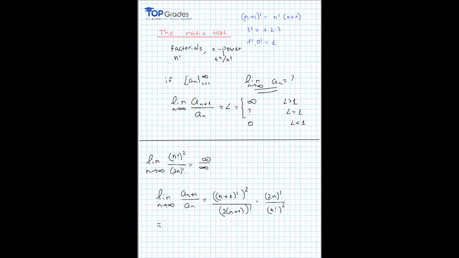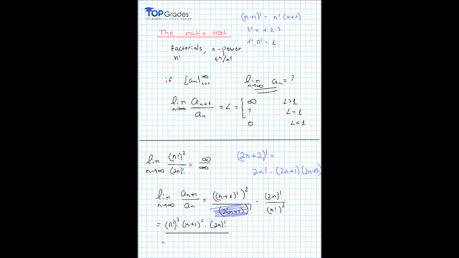And now let's open this very carefully. What is n plus 1 factorial? It will be n factorial times n plus 1, squared. So I'll write everything here in square, multiplied by 2n factorial, divided by, let's take this expression outside, 2n plus 2 factorial, which means it's 2n factorial multiplied by 2n plus 1 and 2n plus 2.